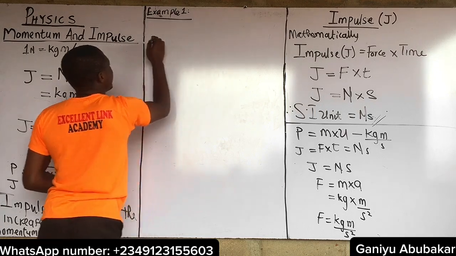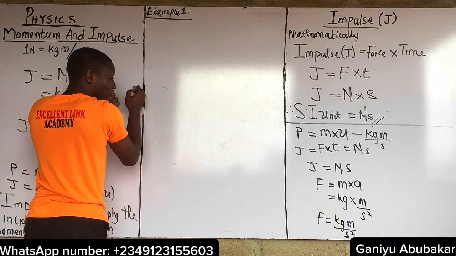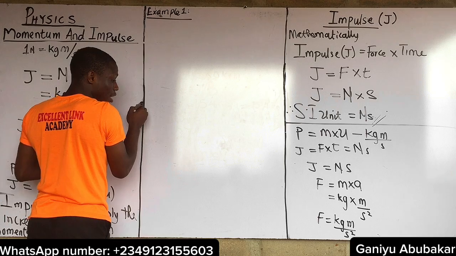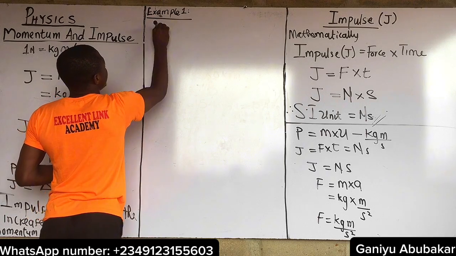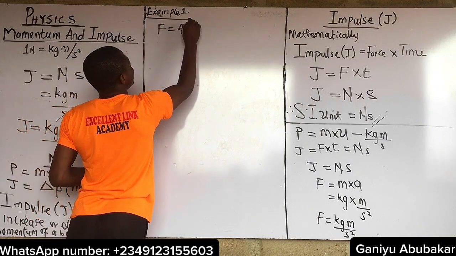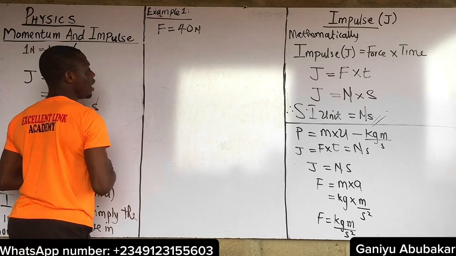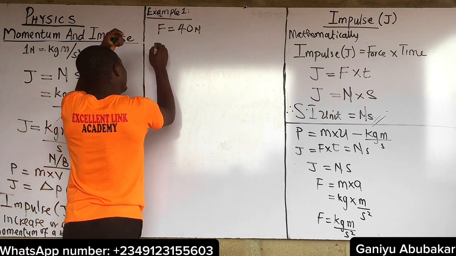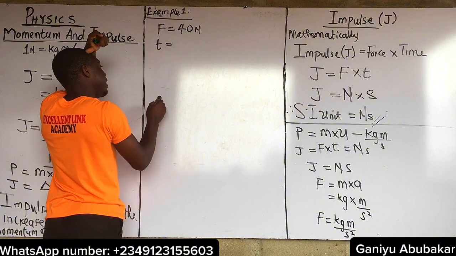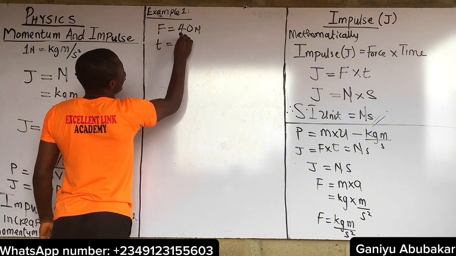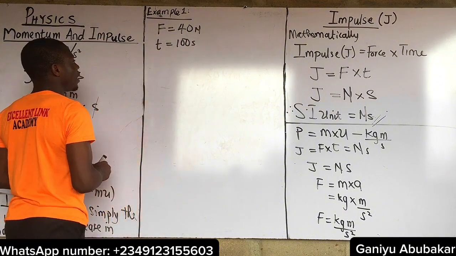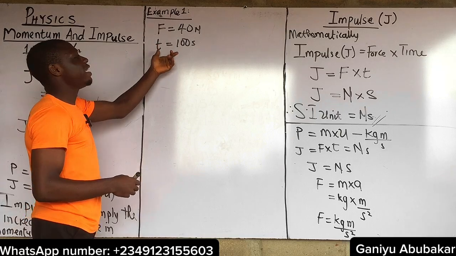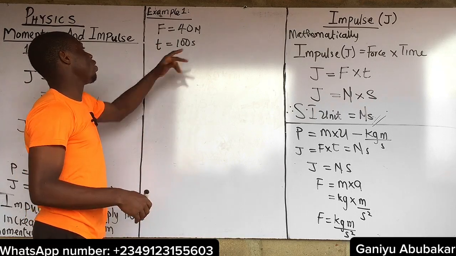Let's say I have a force on an object equal to 40 Newton, and the time it takes is, let's say, 100 seconds, right? So the time interval it takes the force to act is 100 seconds.